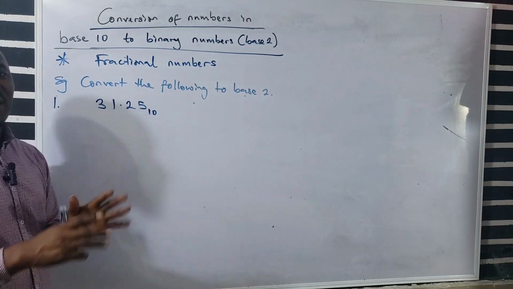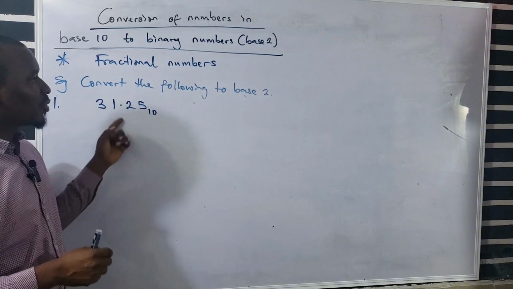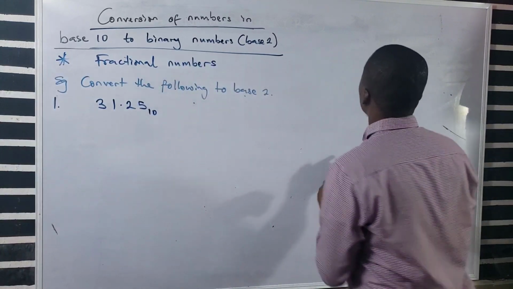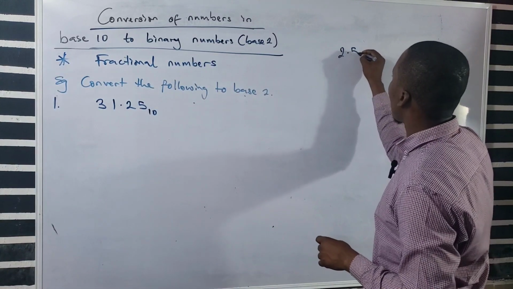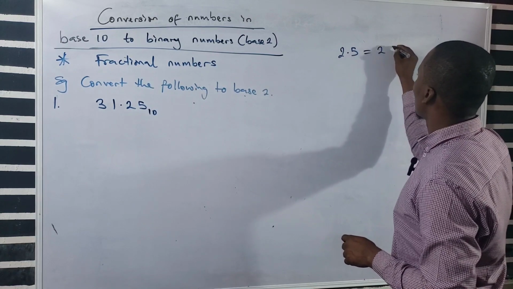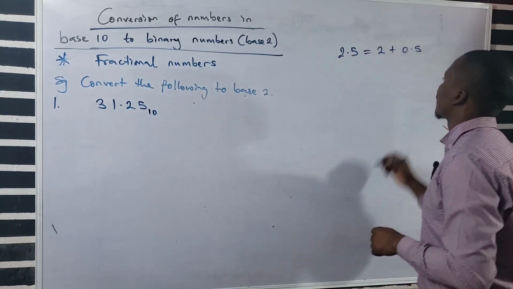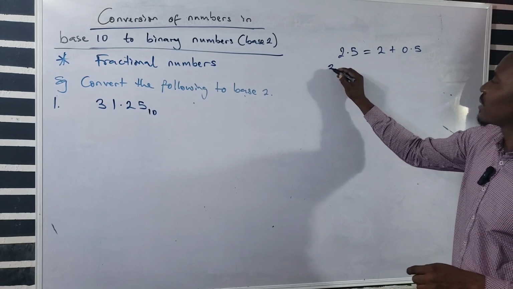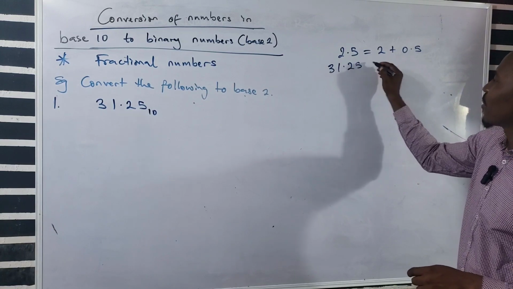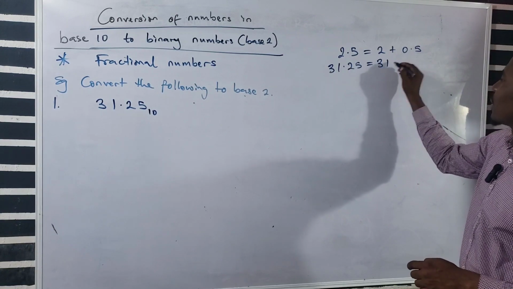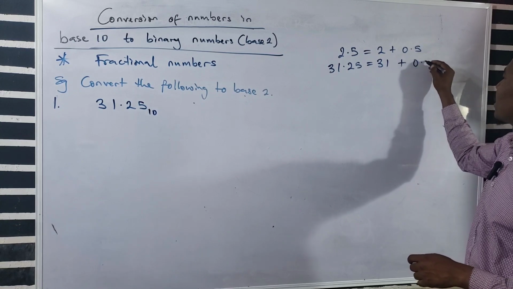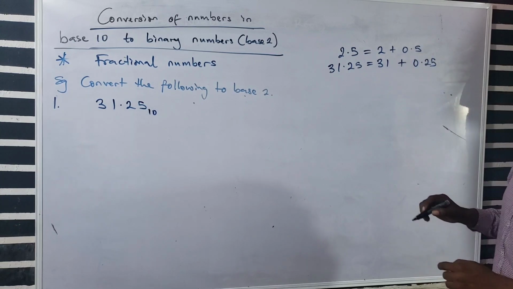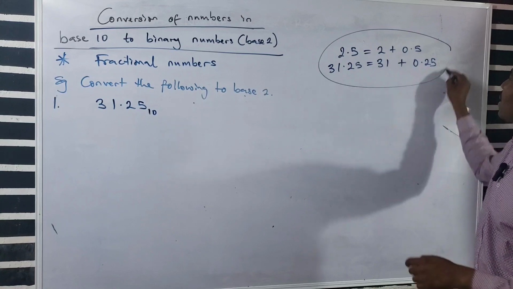Here, we separate the numbers. Now, you will agree with me that 2.5 is the same thing as 2 plus 0.5. And when you have 31.25, it will give you 31 plus 0.25.